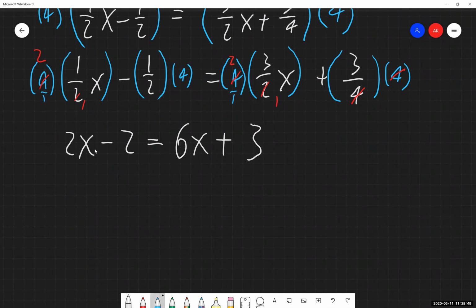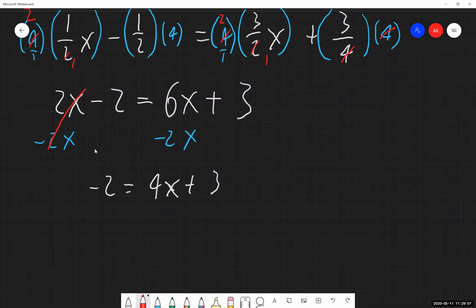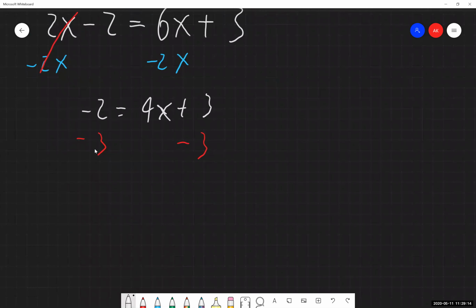And now we can add, subtract, multiply, and divide just like this was a chapter 3 problem. So I'm going to get rid of the variables on one side. X, that's better there. Get rid of the constants on this side. I'm getting -5 is equal to 4x.